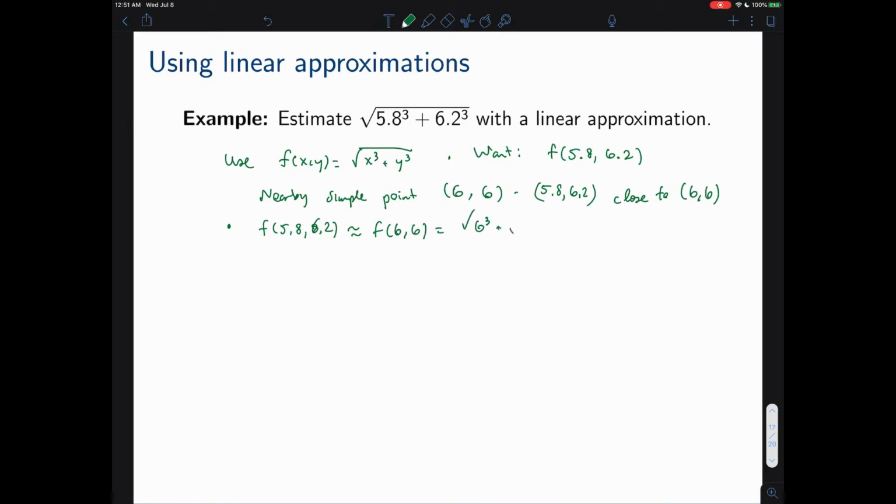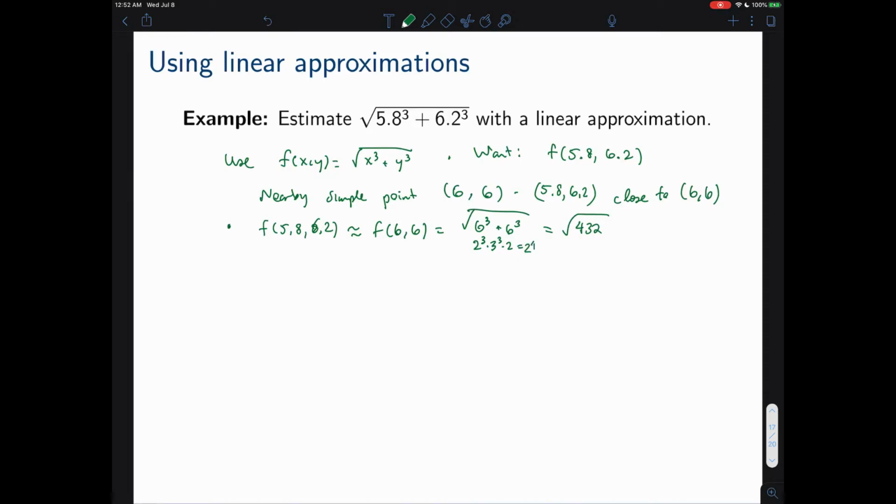Square root of 6 cubed plus 6 cubed. 6 cubed is 216, so we get 432. And let's see, what's the square root of that? This is 2 cubed times 3 cubed times another 2.